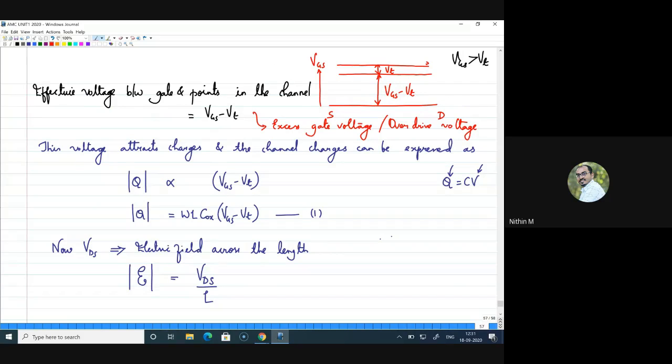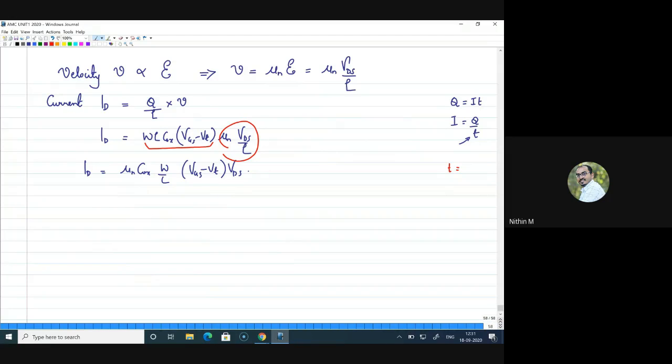Let me check where I made the mistake. This is correct. Now moving on. No, sir, from the first step when you've come to the second step, there was already an L in the denominator. Yeah, I got it. I am just looking where I have made that mistake.